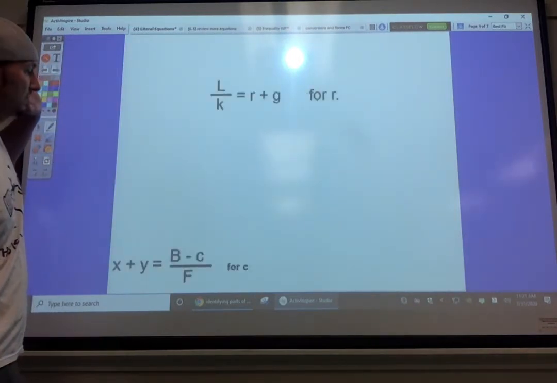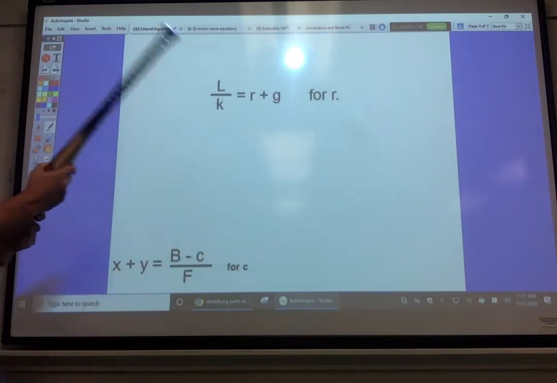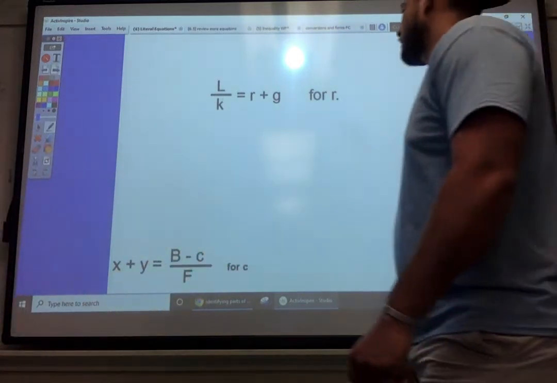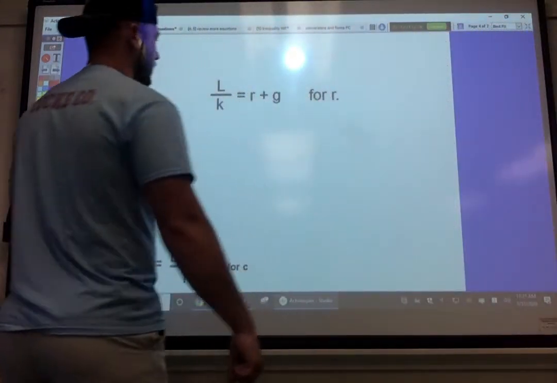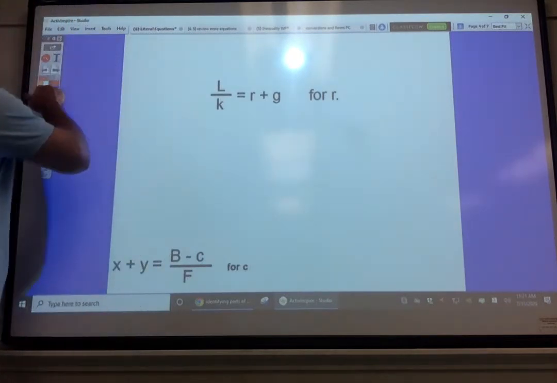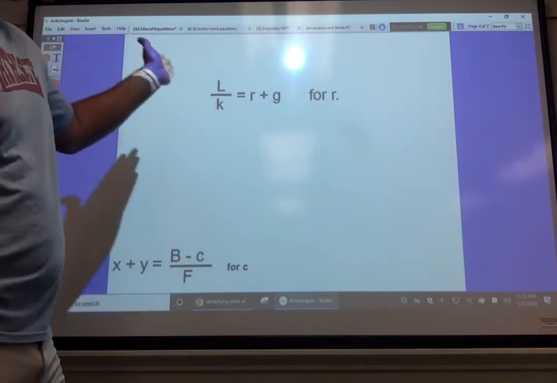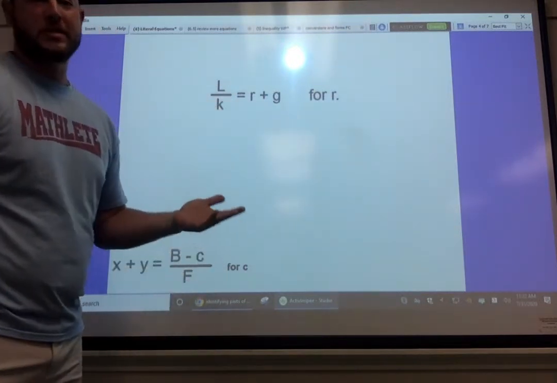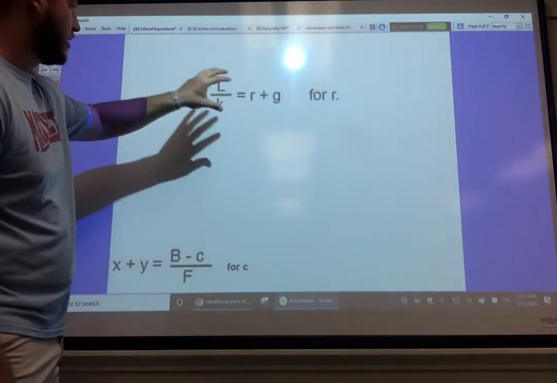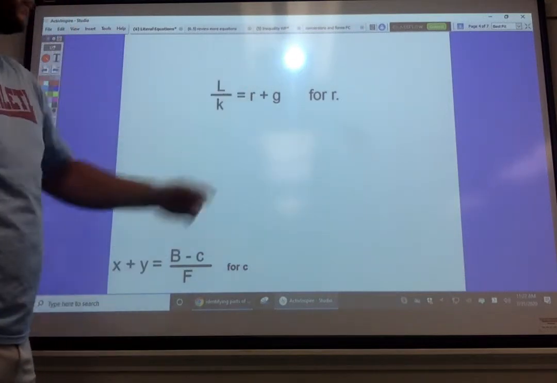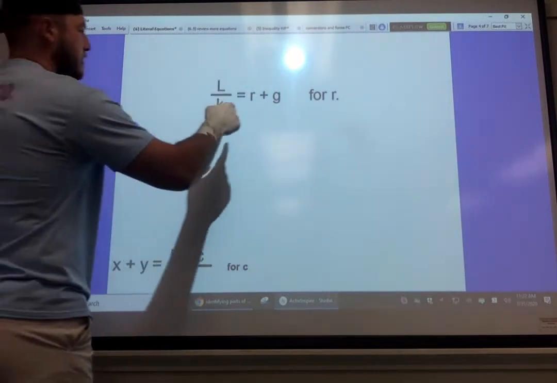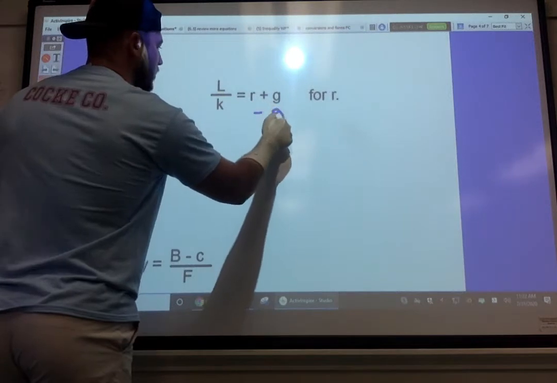Alright, here we go. Solving for R. If you went ahead and clicked pause and worked ahead, hopefully you can see that this one is honestly pretty simple. To get this R by itself, I know it's on the right side, but that doesn't matter. All you have to do is simply move the G to the other side.